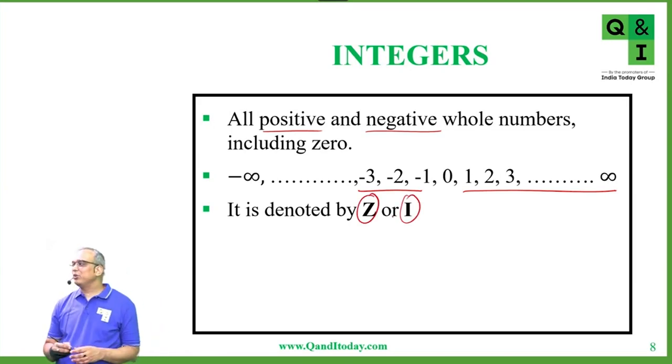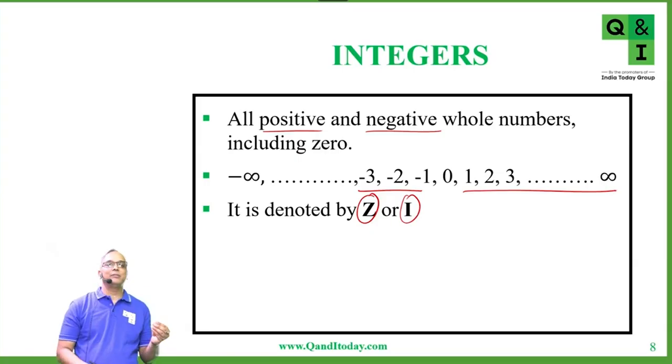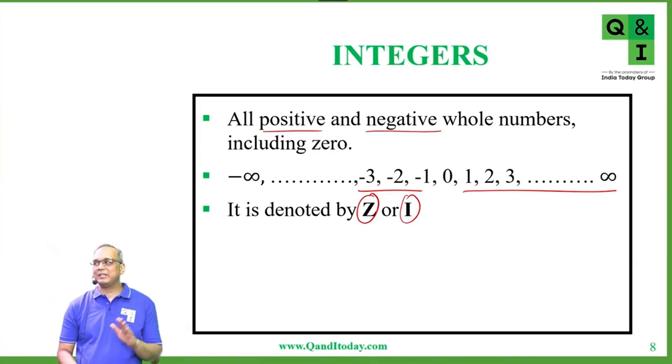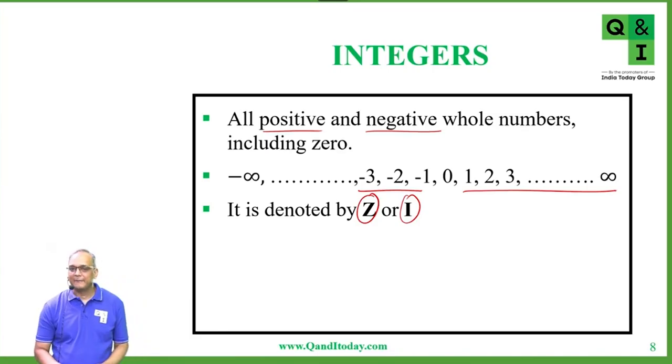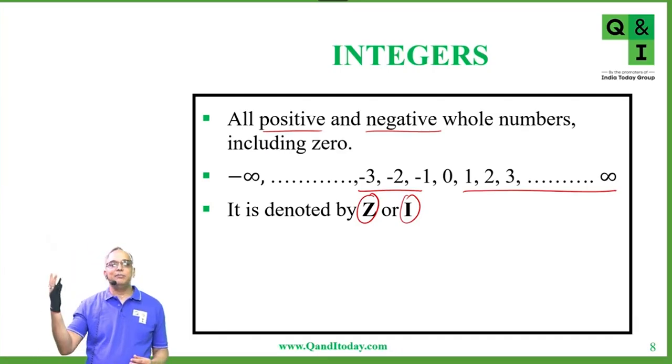Now, who is going to tell me why are integers denoted by capital Z? I we generally do not use. In some of the books you will find it, but rarely. Most of the places you will find that integers are denoted by capital Z. Why capital Z? Why not capital A, B, C, or capital D?